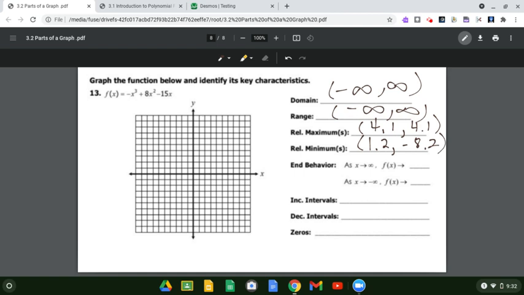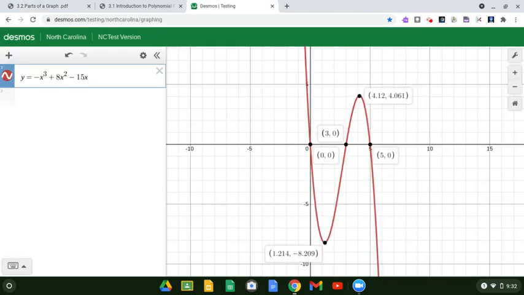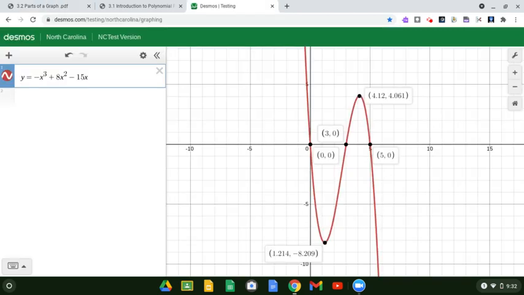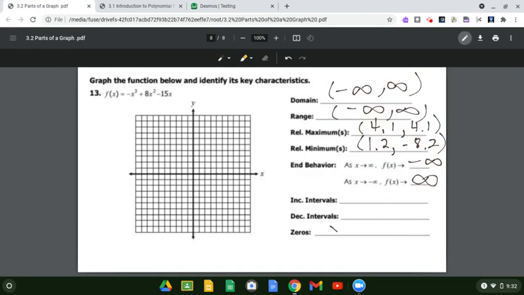Okay, as x approaches positive infinity, that's right-hand end behavior, y is going toward negative infinity. As x approaches negative infinity, y is going towards positive infinity. Let me write the zeros really quick. The zeros were 0, 3, and 5. And again, you could write them as ordered pairs also.